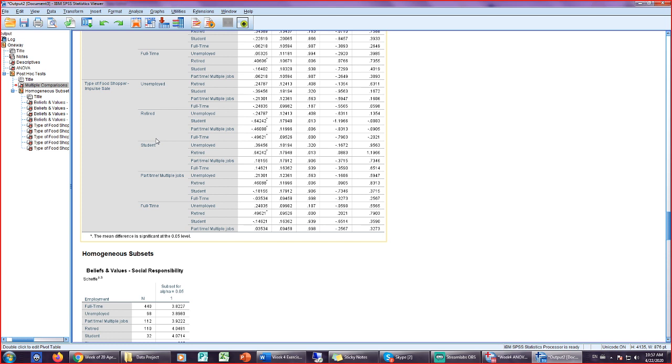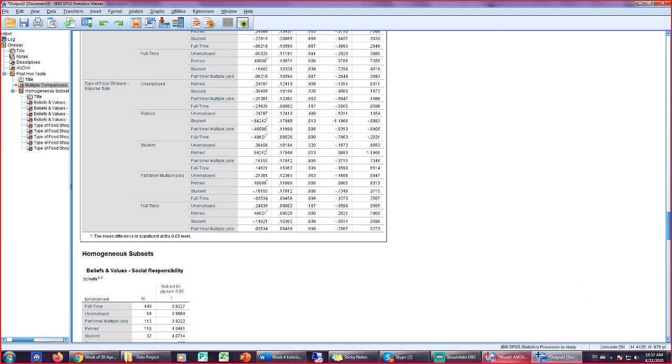So this is why we look at the post hocs, it gives us a lot more to talk about. Whereas with social responsibility we can see that employment status generally influences it, we can't say much more than that. If we take a deep dive into the data, which is what the post hoc analysis lets us do, we can make much more interesting conclusions.